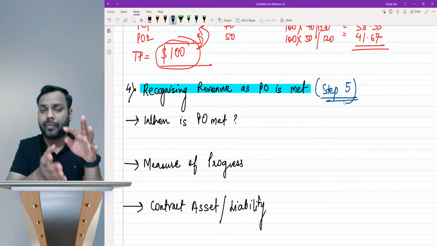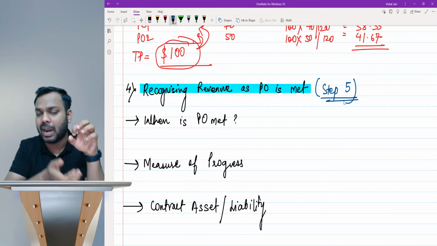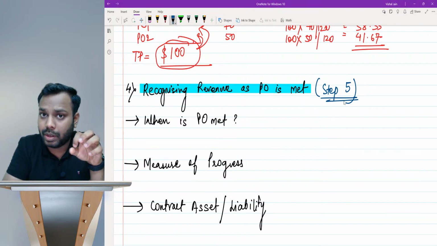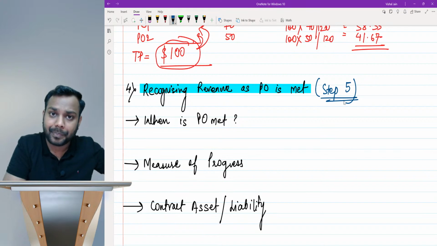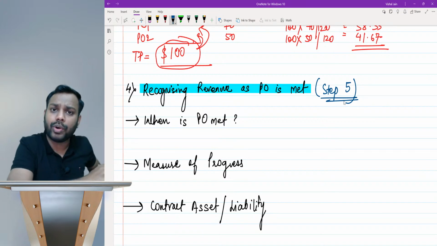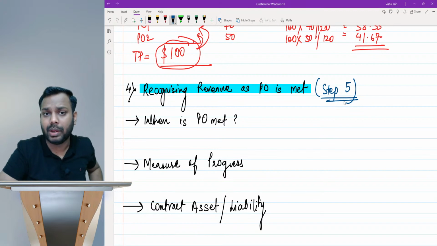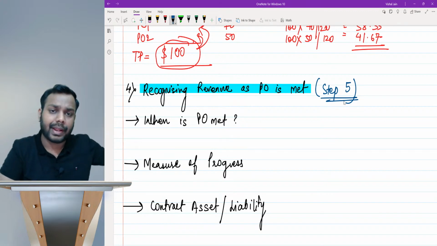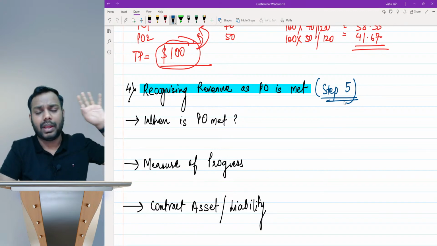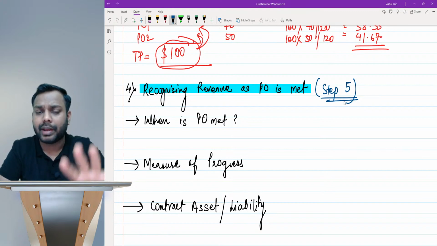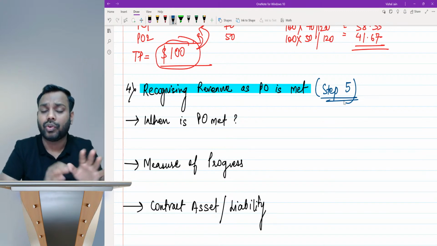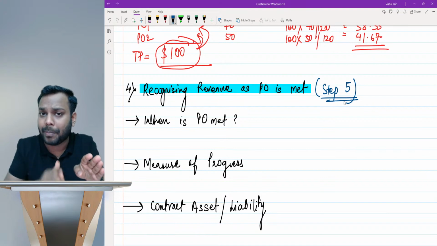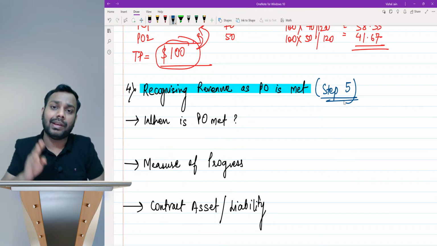Let's suppose there are two performance obligations, number 1 and number 2. If you satisfied performance obligation number 1, recognize revenue for that. You don't need to wait for performance obligation number 2, right? If you satisfy 2, recognize revenue for that. So as and when you satisfy your performance obligations, keep on recognizing revenue for that.